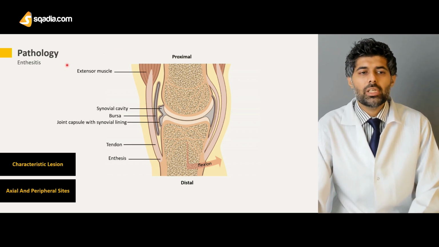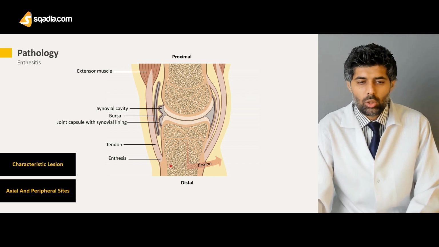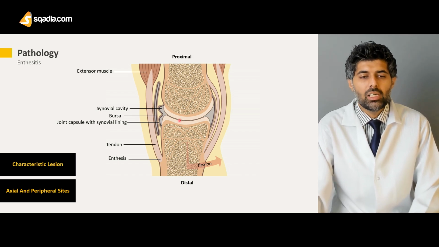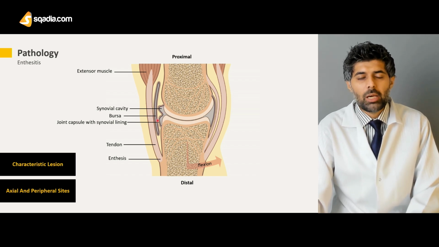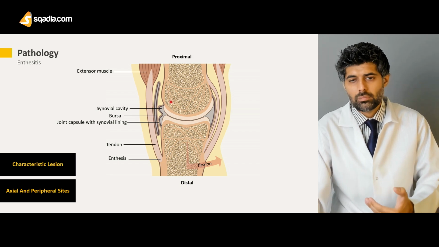Here you can easily see the extensor muscle with its long tendon. This is the synovial cavity, the accompanying bursa, and this is the connective tissue capsule which covers the synovial cavity.